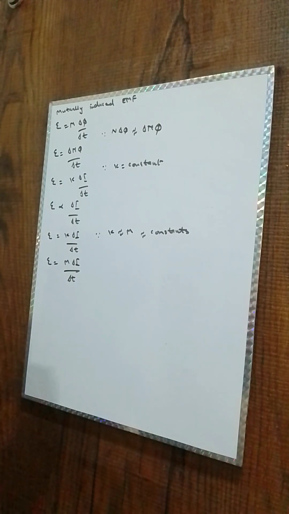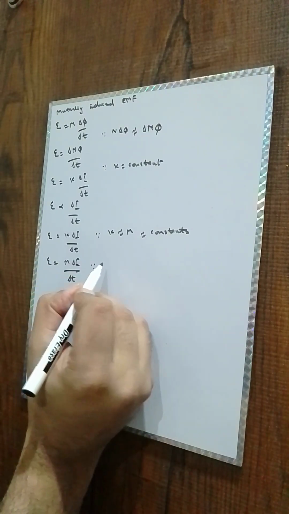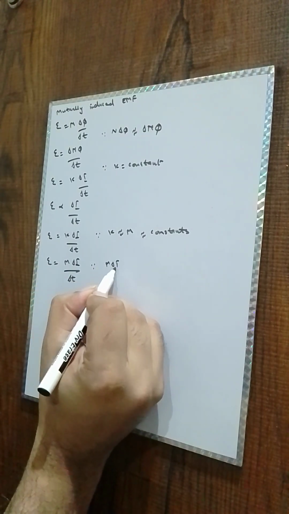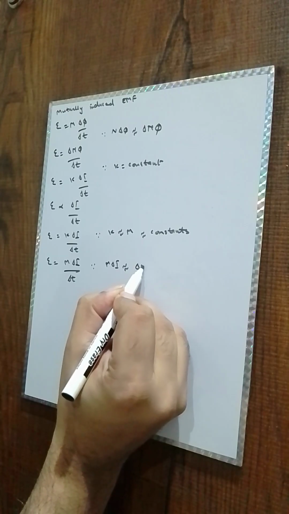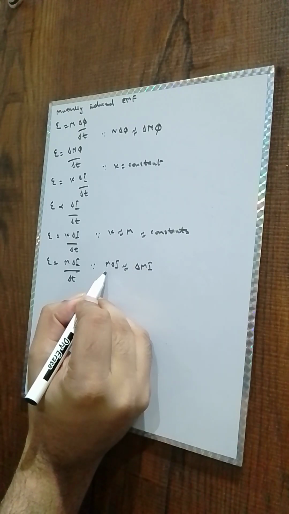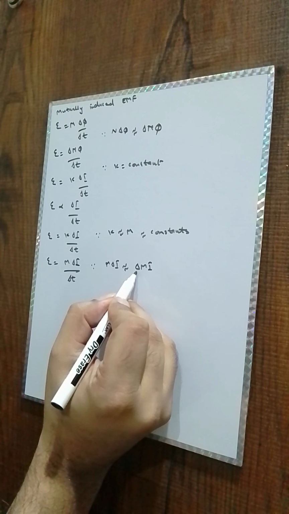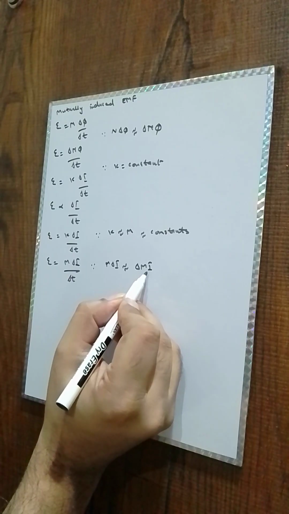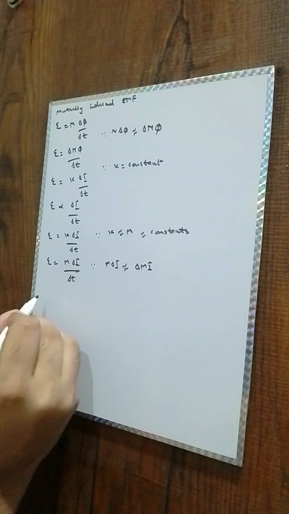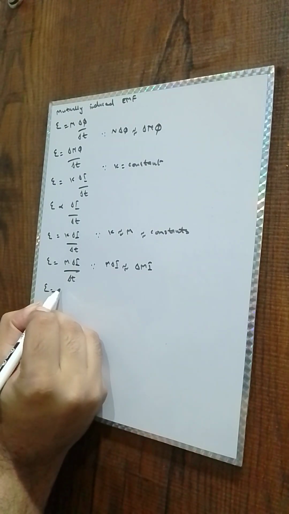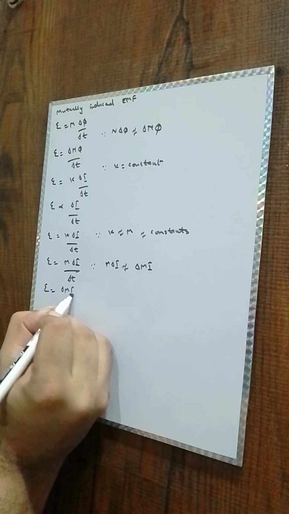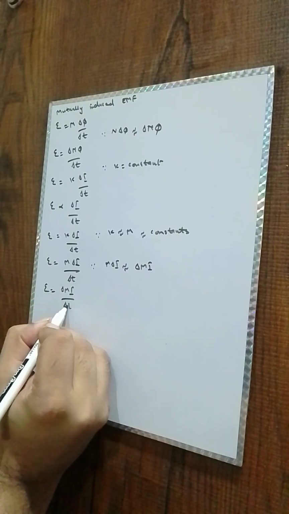And now one more approximation, that m delta I is roughly equal to delta m I. Change of current into this constant m is roughly equal to change in the collection of constants, which is m, in this case delta m times I, the current. So we get the form delta m I by delta t.